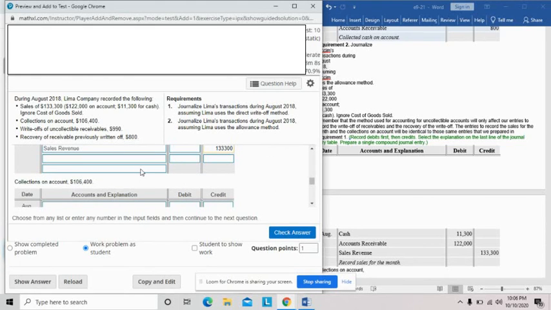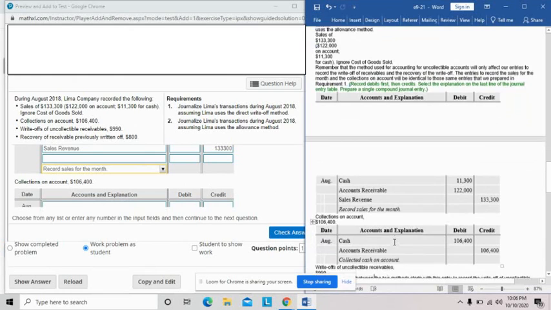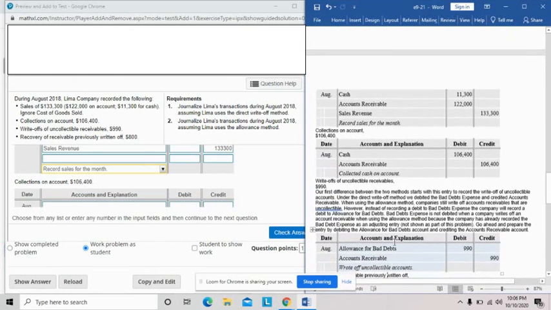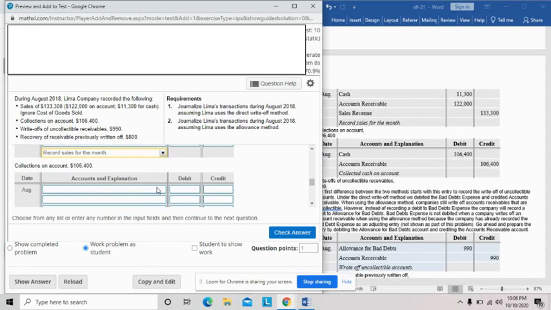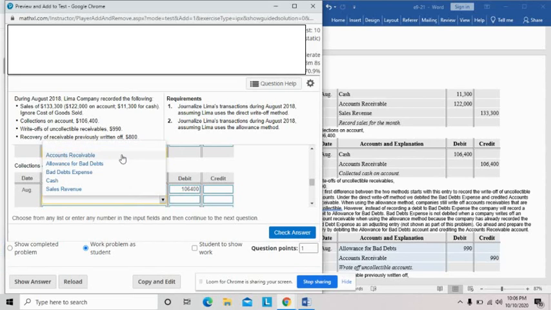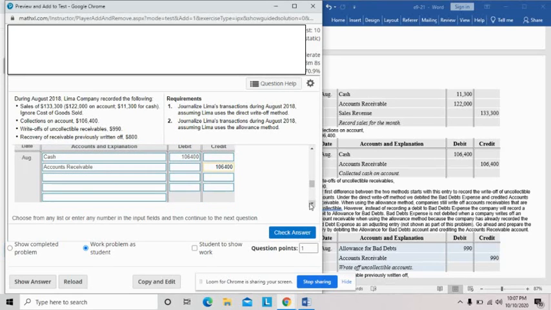And this entry is for recording the sales for the month. And we have the collections on account of 106,400. We will have a debit in cash of 106,400, credit in accounts receivable, and that is because we collected cash on account.